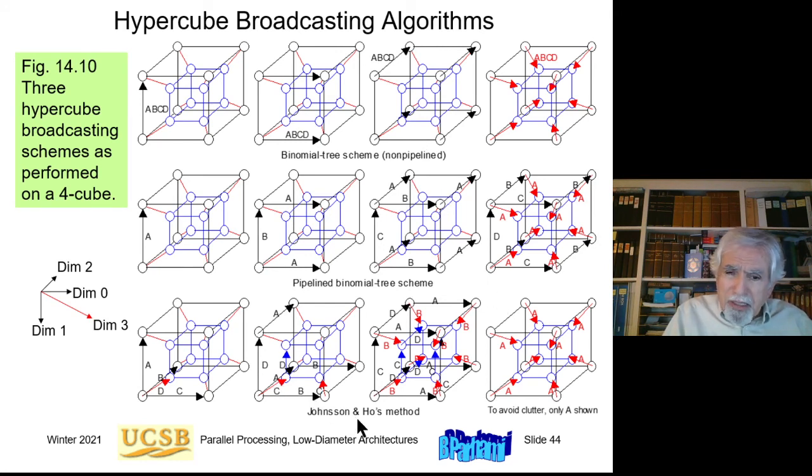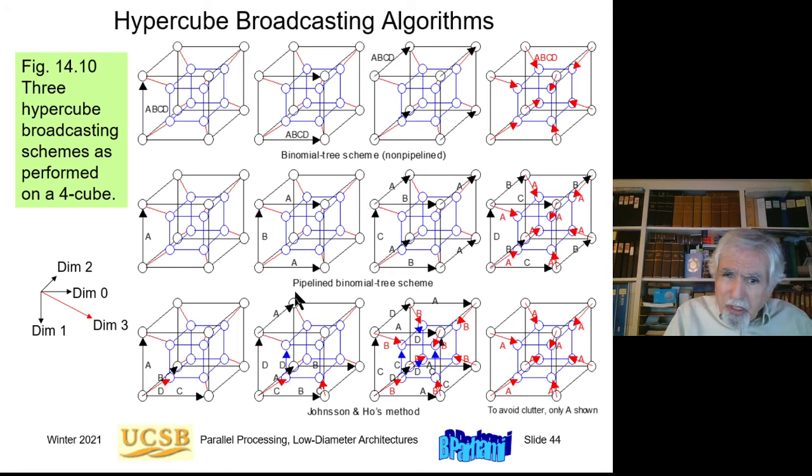Okay, this one, because you may hear about it in various books and papers, Johnson and Ho's method, is even less practical than this one. This one basically says, why send the packets in order? First A, then B, then C, then D. Let's basically, if we have all port communication, form multiple binomial broadcast trees, one for A. So A starts its journey through this dimension, B starts its journey through this dimension, C through this dimension, and D through this dimension.